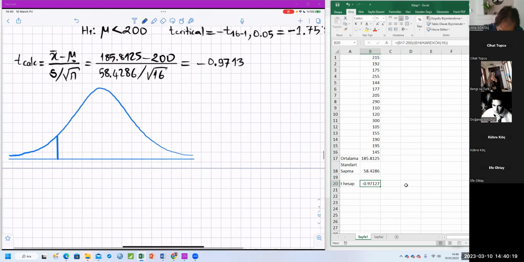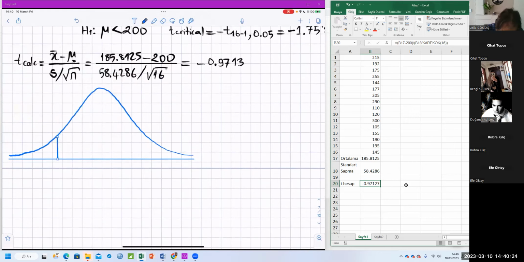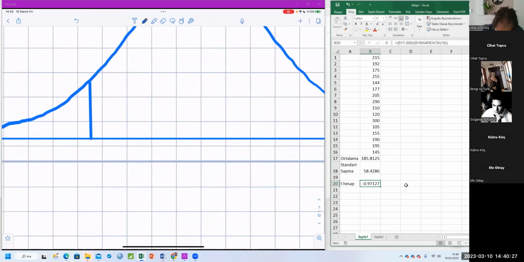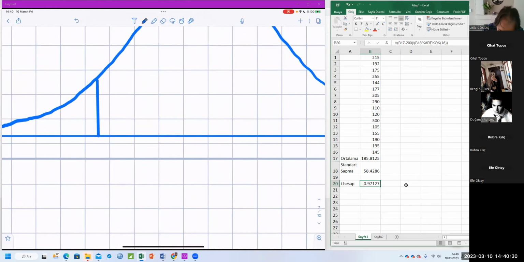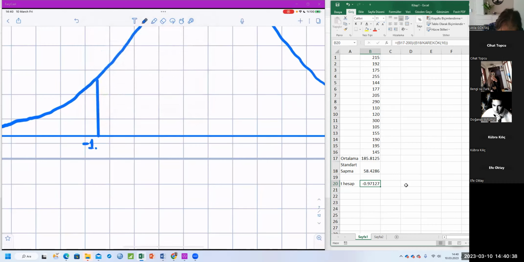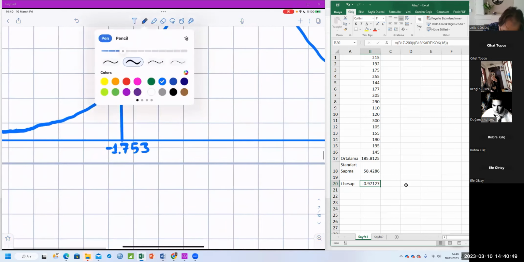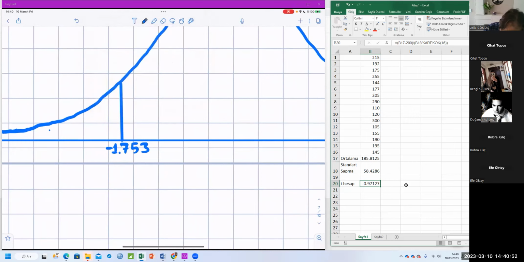The critical value is minus 1.753. And this is the rejection area, 0.05.